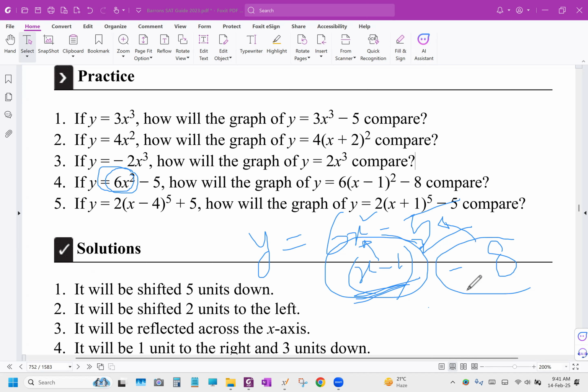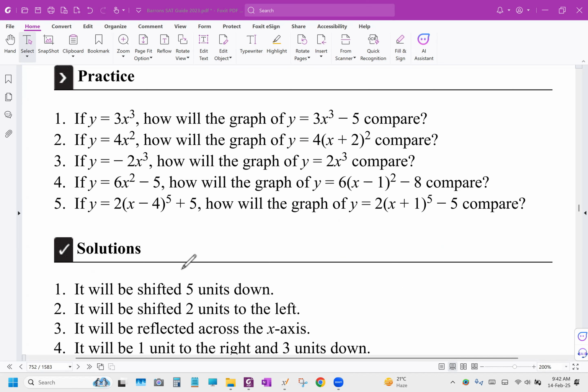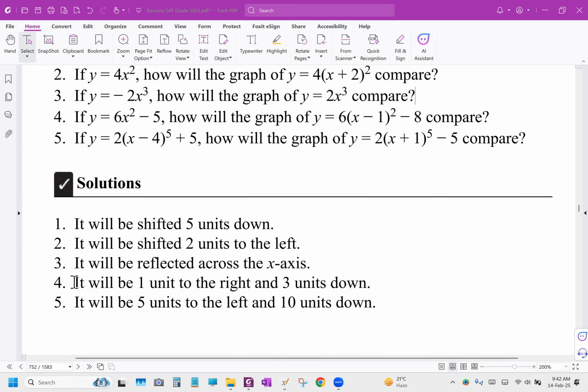And then this part tells you whether you need to shift in the upward or the downward direction. You got it? First, you go to the right, and then you go in the downward direction.